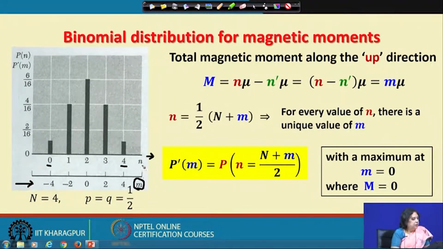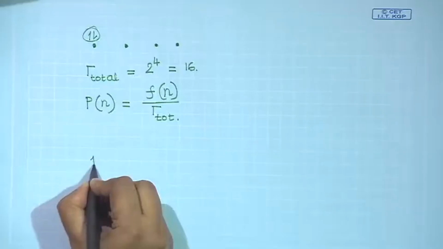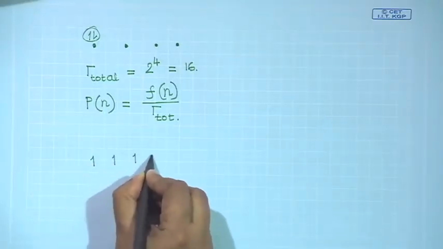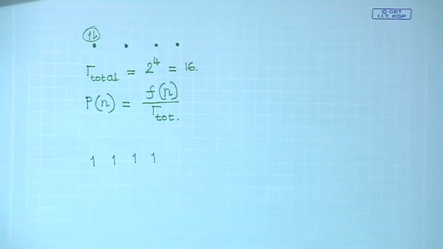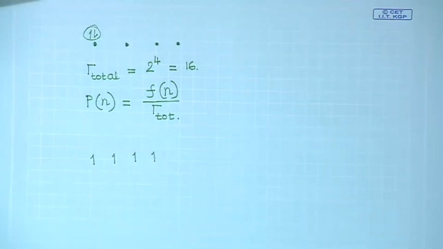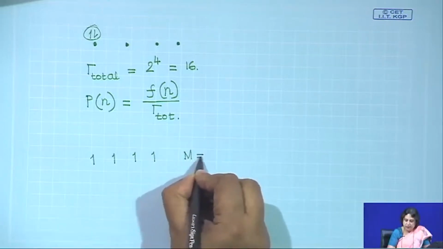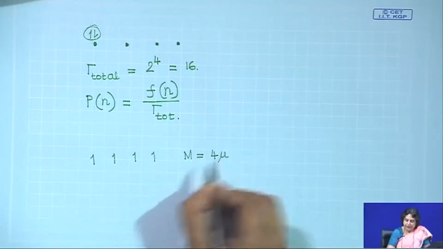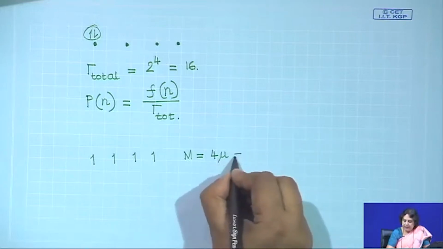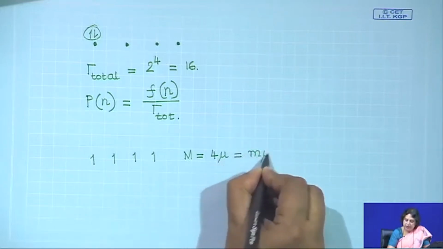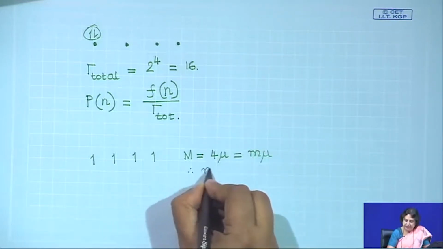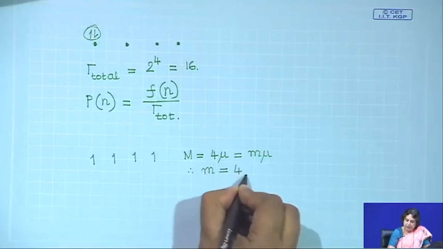When small n is equal to 4, all the 4 spins are pointing up. Therefore, the net magnetic moment of this system is equal to 4 into mu, and I know that this is equal to small m into mu. Therefore, small m is equal to 4.